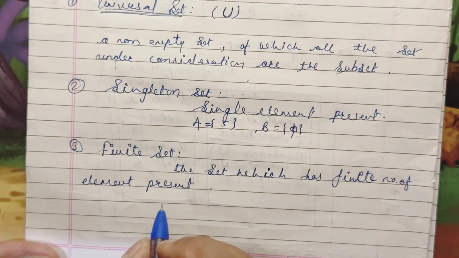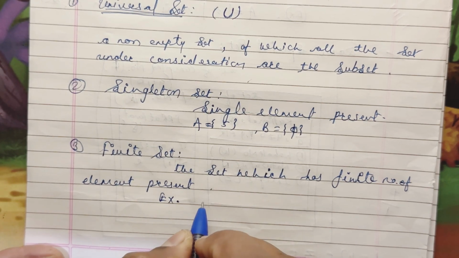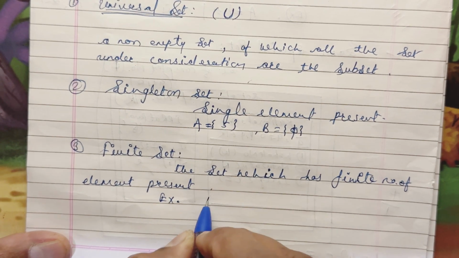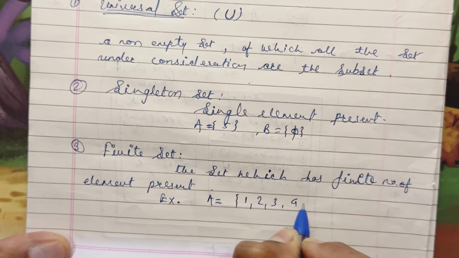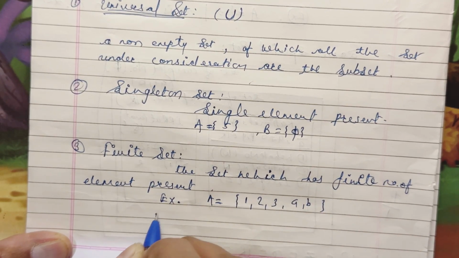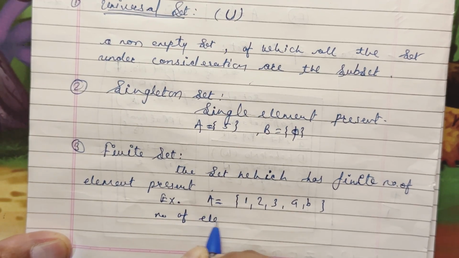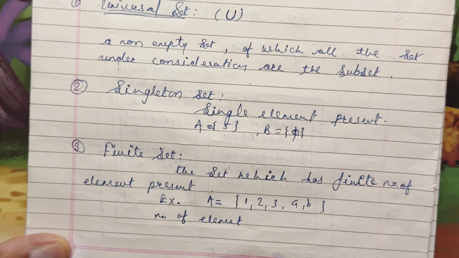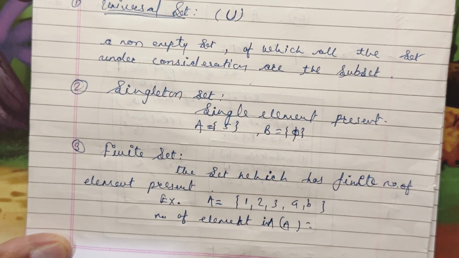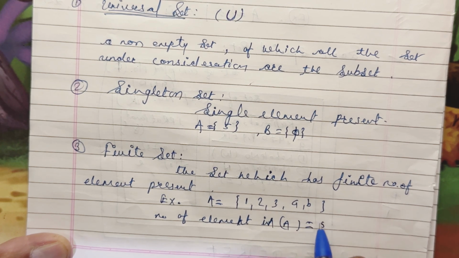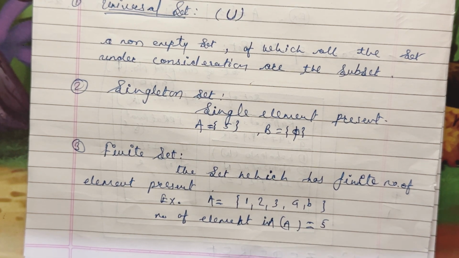For example, if I consider set A as {1, 2, 3, a, b}, what is the number of elements in A? A total of 5 elements. That means we call it a finite set. This is the actual meaning of a finite set.